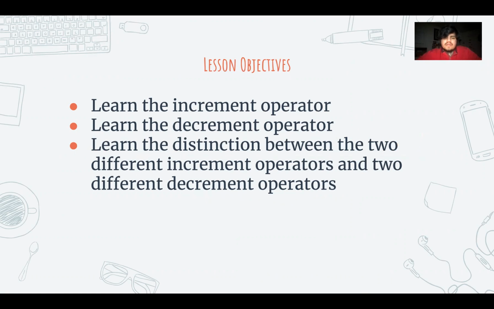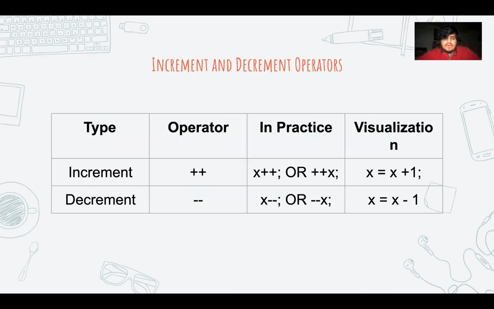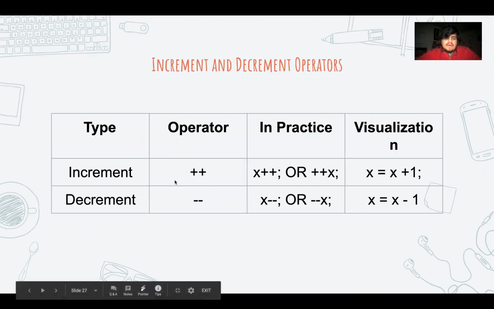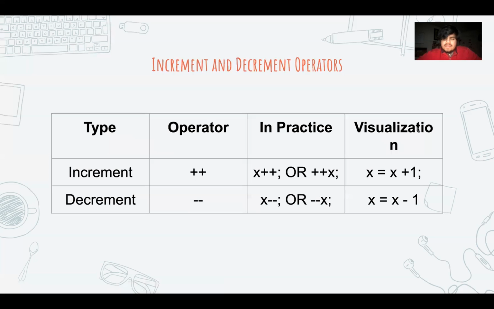Anyway, learn the increment operator, learn the decrement operator. You already know that. So you have the double plus sign. What this does is that it's logically equivalent, and that's simply increasing the value by 1. Now, there's a distinction between this, and there's a specific reason why a lot of people often overlook it, right? They both increase the value by 1.